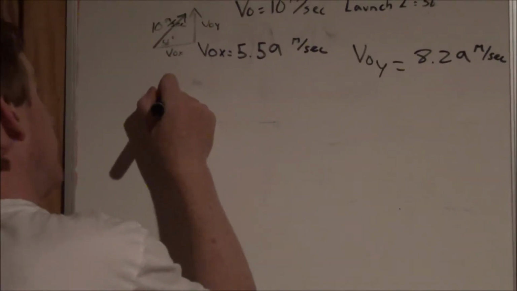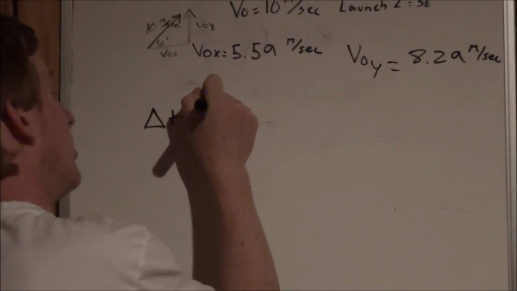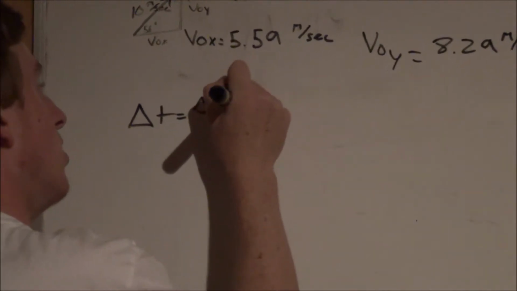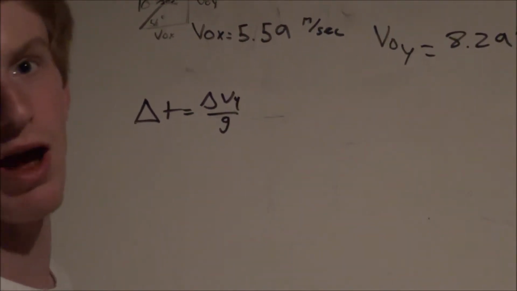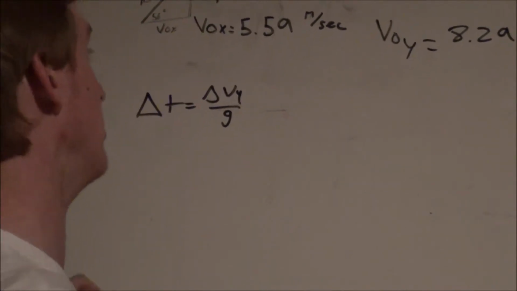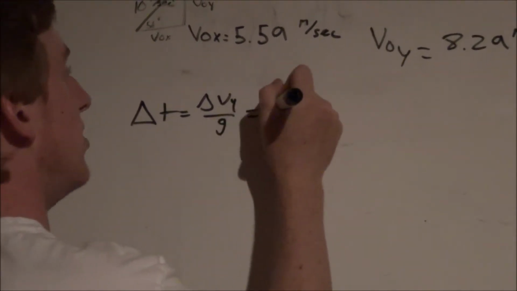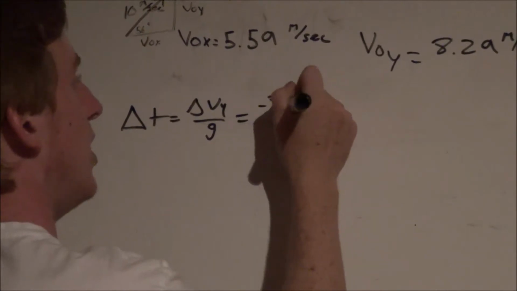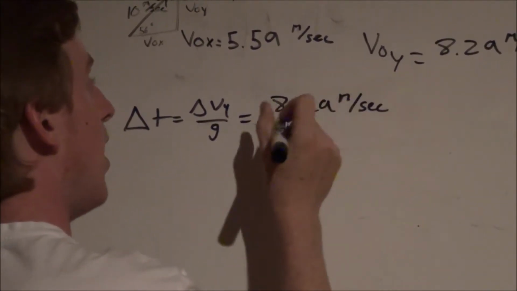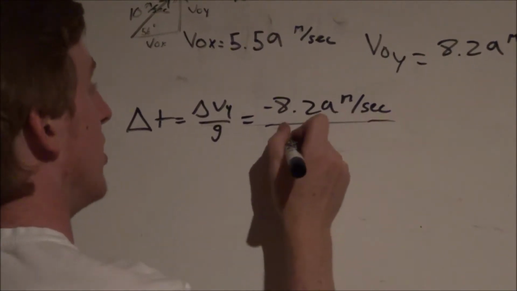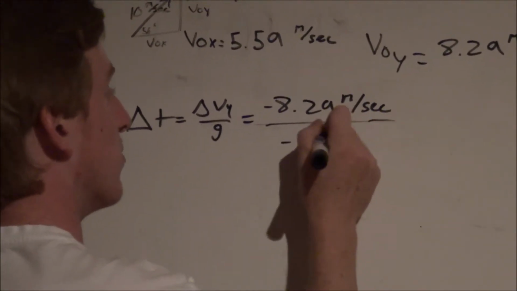The equation for this is delta t equals the change in the vertical velocity over little g. Note that this is just from the apogee to the ground, not the total time that the golf ball is in the air. This is equal to negative 8.29 meters per second, and the rate at which this velocity is changing is negative 9.8 meters per second squared.